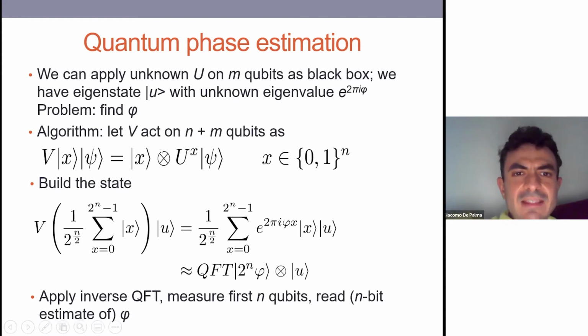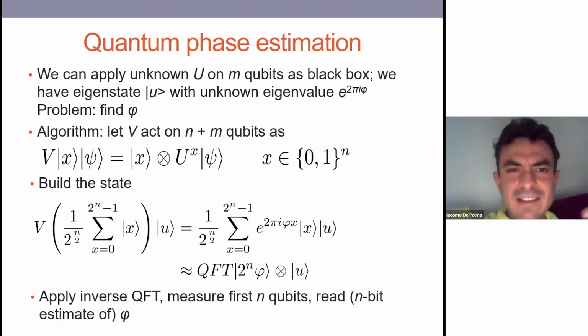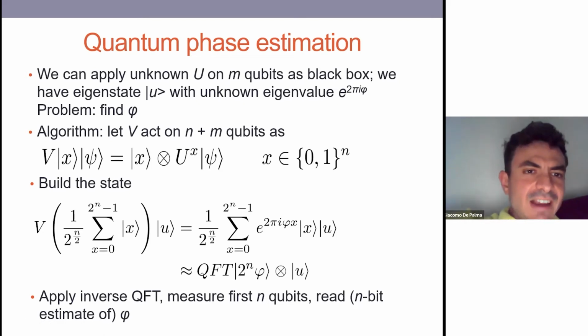And then it applies the unitary U to the second subsystem a number of times that is given exactly by the number x that labels the basis state of the auxiliary qubits. So V acting on x tensor psi will be equal to x tensored with U to the x psi.